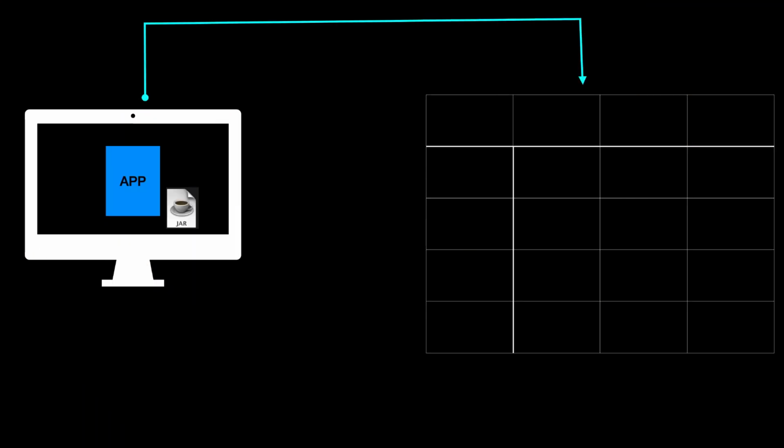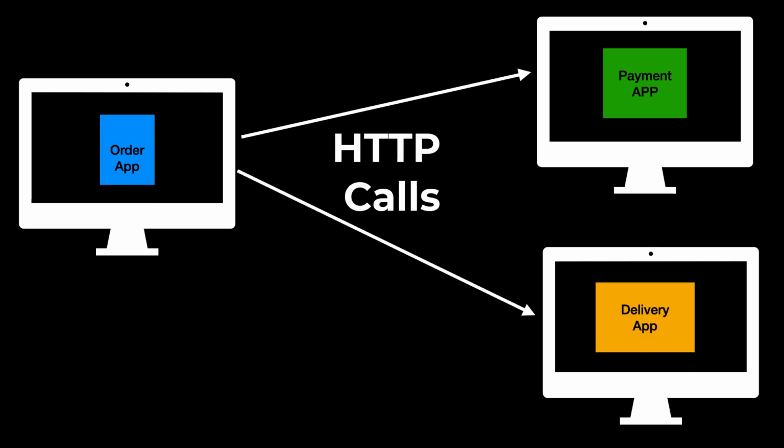Not only this, let's say you have an application called Order Application, and this application wants to communicate with some other application over HTTP using some RESTful endpoints. Then you can keep the Spring Web MVC jar with your application, and your application is going to be eligible to make a REST call to different applications.